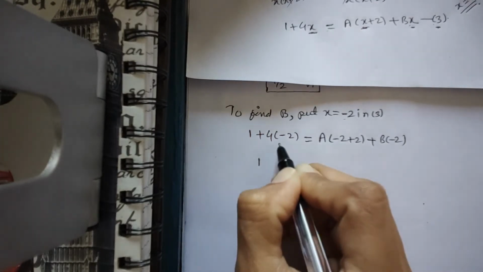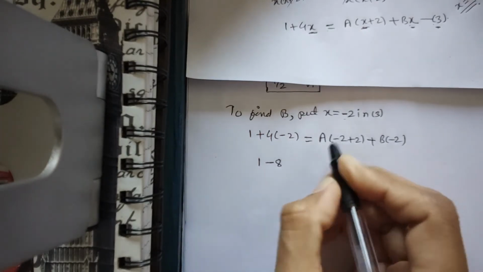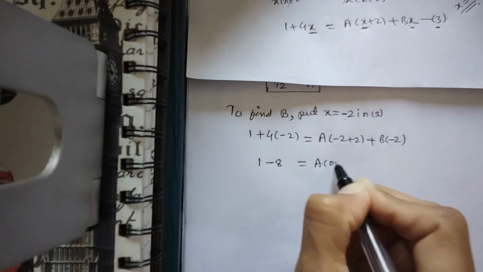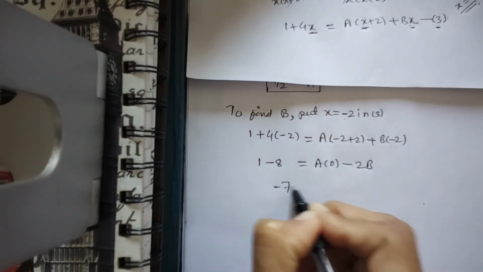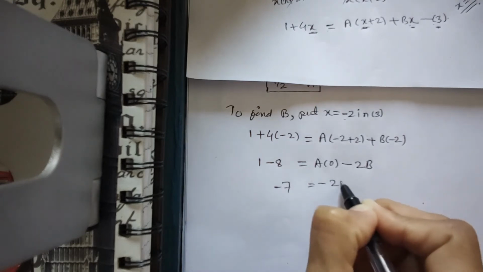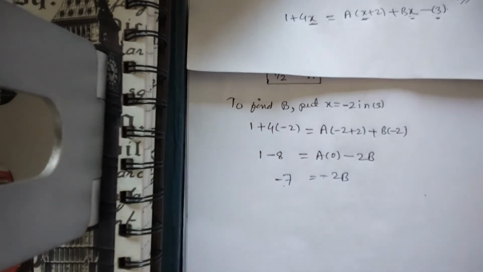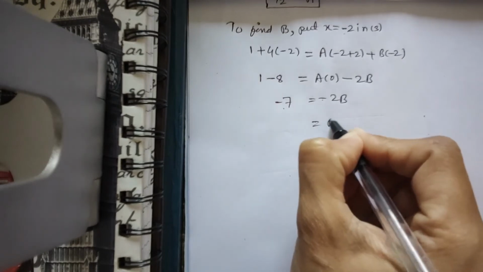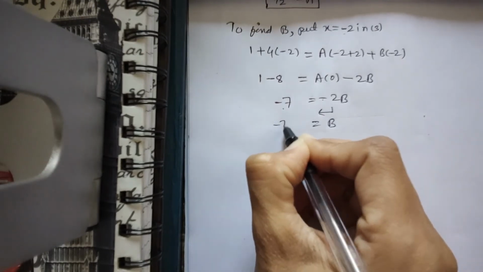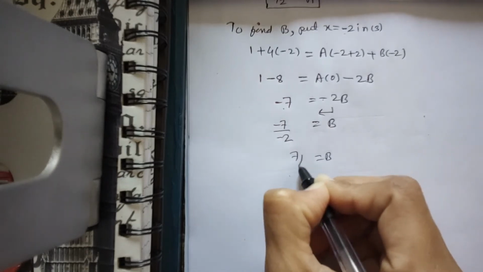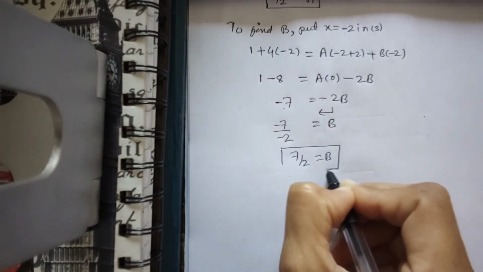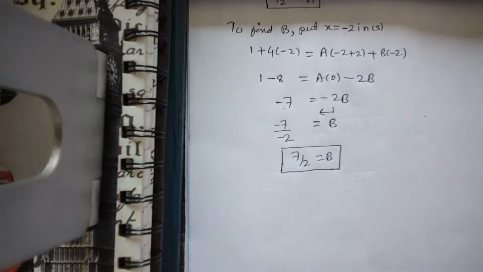So 1 - 8 = a(0) - 2b. So -7 = 0 - 2b. The minus signs cancel, and shifting to this side, b = -7 upon -2, so b = 7/2.